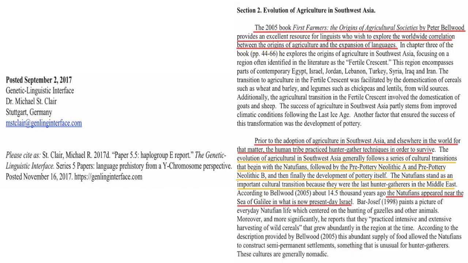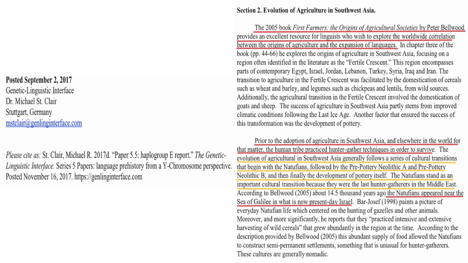And again, reading what's in yellow, the evolution of agriculture in Southwest Asia generally follows a series of cultural transitions that begin with the Natufians, followed by the Pre-Pottery Neolithic A and Pre-Pottery Neolithic B, and then finally the development of pottery itself.